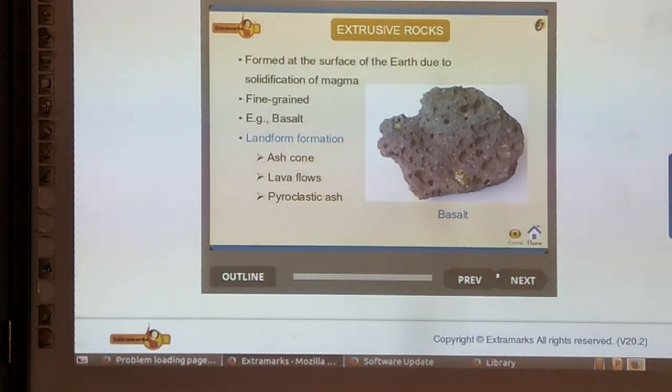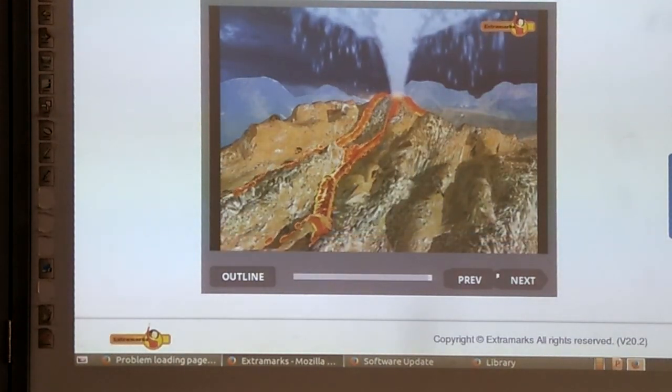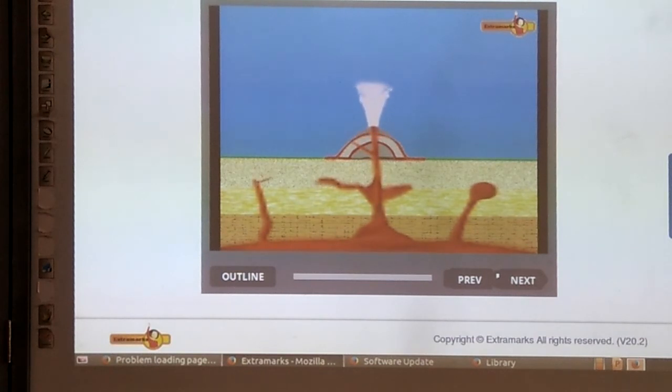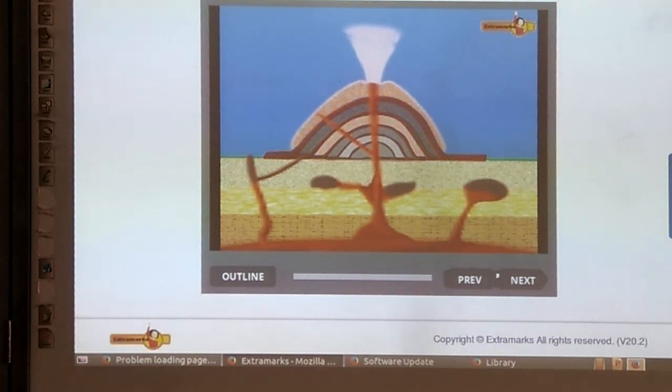Let us have a look at the animation on the following slides to understand the process of formation of igneous rocks. The igneous rocks are formed due to the volcanic eruptions. Different types of rocks are formed because of different speed of cooling of magma. The process of cooling and solidification can happen in the crust or on the surface of the Earth.